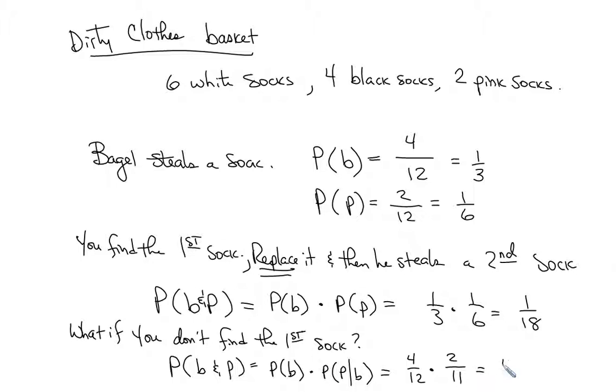This then becomes 1 over 3 times 2 over 11, which would give you 2 over 33. In other words, he steals the first sock and you didn't find it to put it back before he stole the second one. So you couldn't replace it. So this is the one that's without replacement.